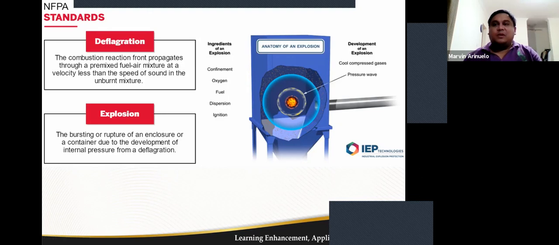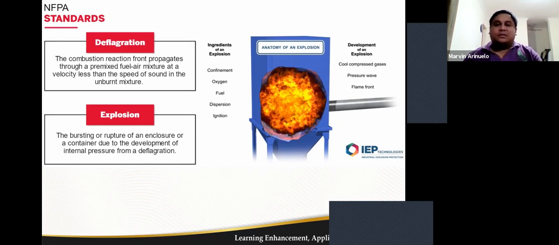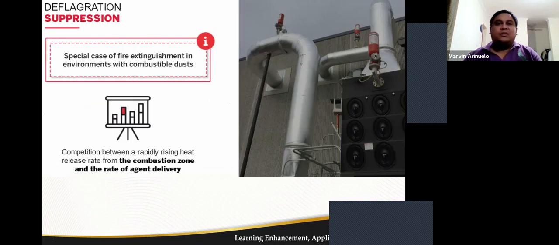So if you see the development of an explosion, there is a cold compressed gas. And there is a pressure wave, okay, and depending on the explosion, you can experience the pressure of the explosion even miles away, no? The flame front.